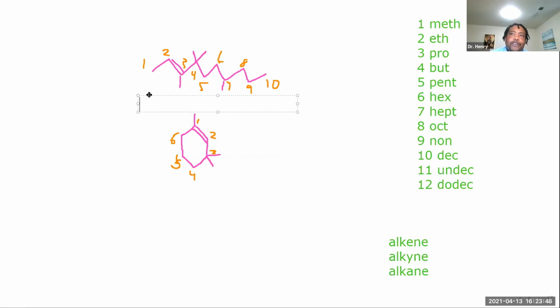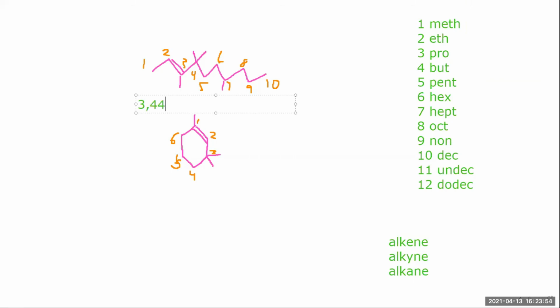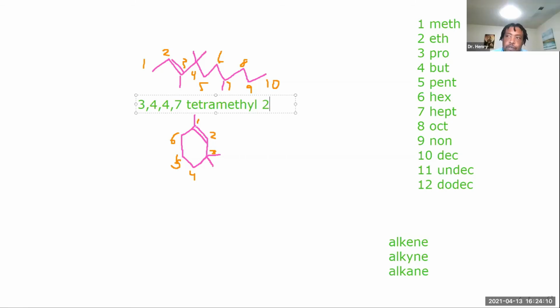Okay, so for up here, what did you guys say? You said 3, 4, 7 tetramethyl, 2-decene. Tetramethyl 2-decene.